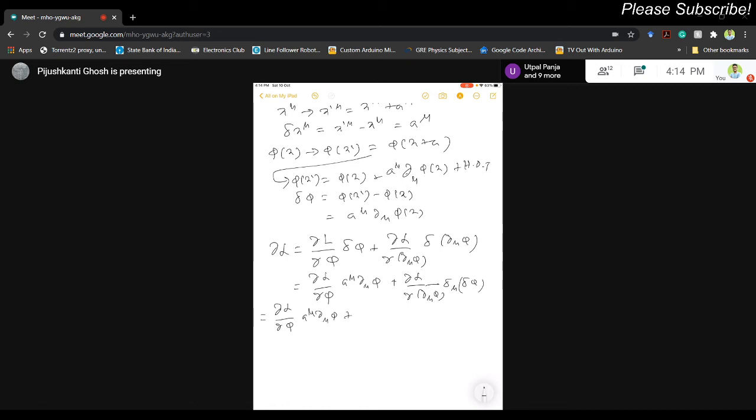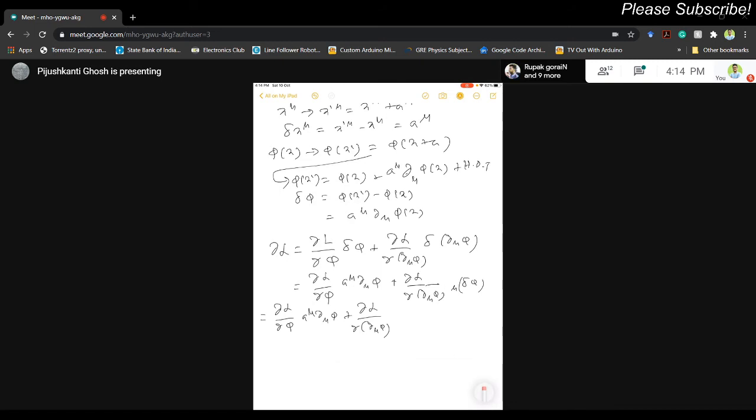Now note that here you have to be very careful about the notation of the index. Delta phi, here I have written as a^mu del_mu phi. If I write a^mu del_mu phi here also, then I will be in trouble because I am already using mu. So, sorry, this is wrong.